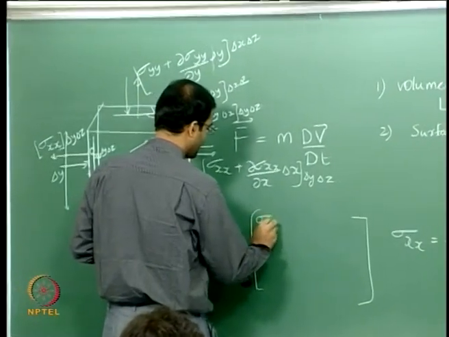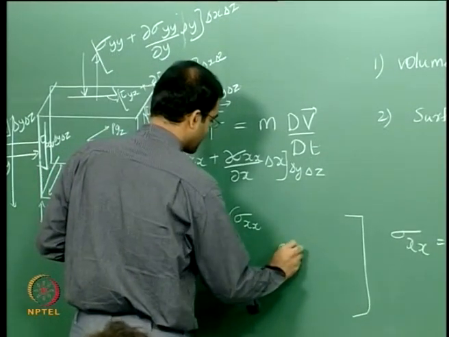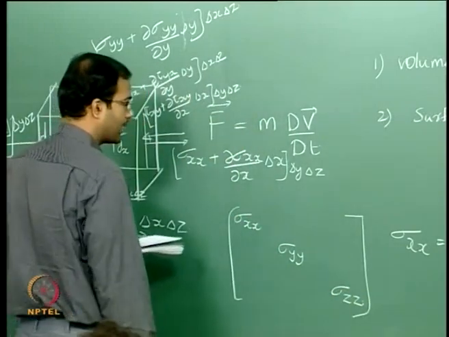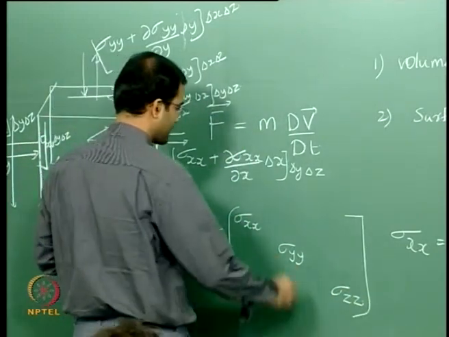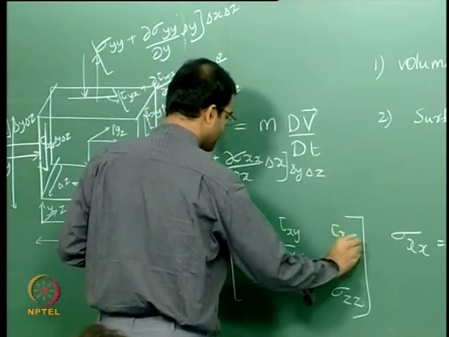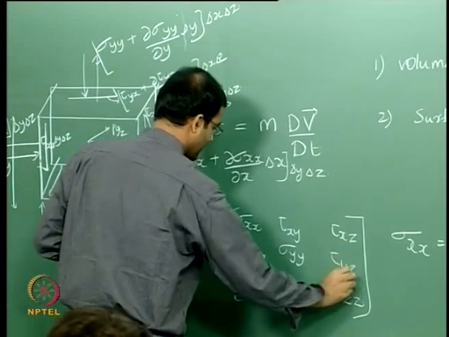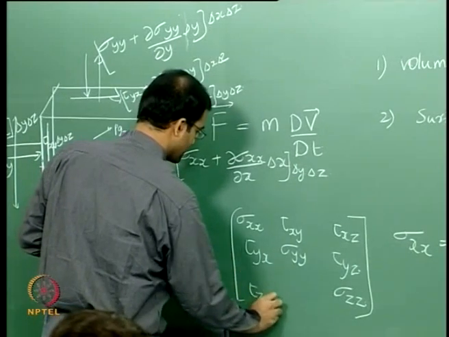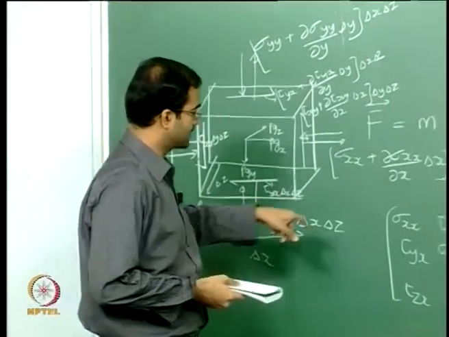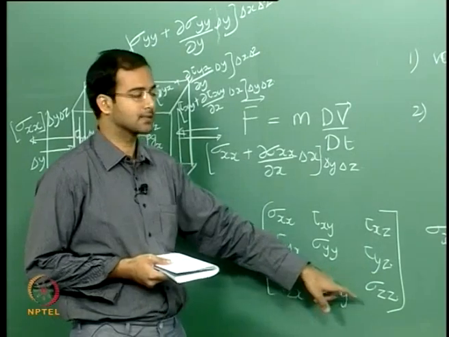You have the normal stresses which include the normal viscous stress as well as the pressure, so this will form the diagonal elements of this matrix, and you have the tangential viscous stresses which act as the off diagonal elements, tau xz, and this is your tau yx, tau yz, so tau zx, tau zy, tau zz, okay. So there are totally 9 components, so you have 3 normal components and 6 tangential components.